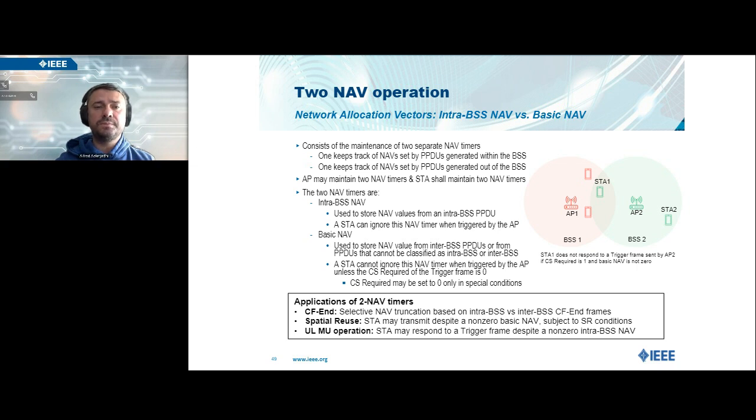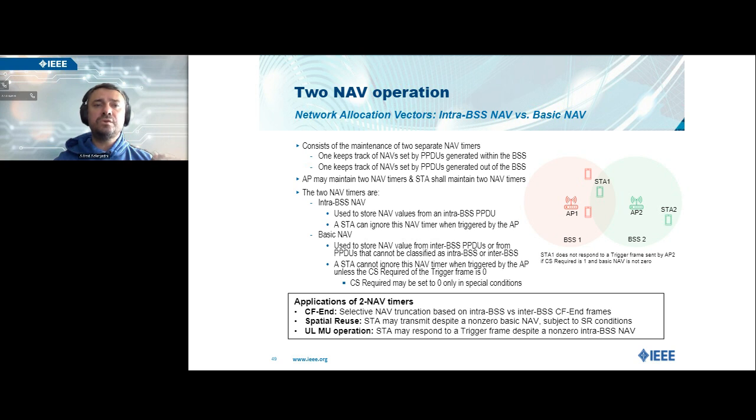You update that value along with the PPDUs that you receive, so that the last frame of that exchange can tell you, okay, you have 0 seconds left. After that, the NAV is idle, and you can start contending and hopefully gain access. This was one NAV timer for everybody, baseline.